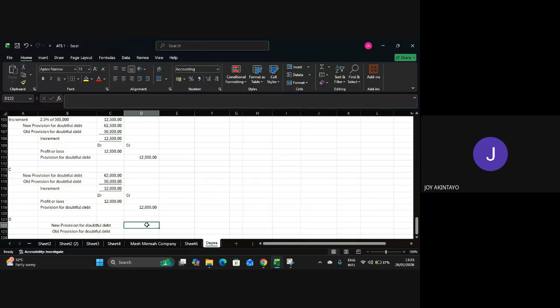So what will now be the new provision? That will be 50,000 minus 10,000. What is your answer? What do you have as your value? 40,000. So we have 40,000 cedis.